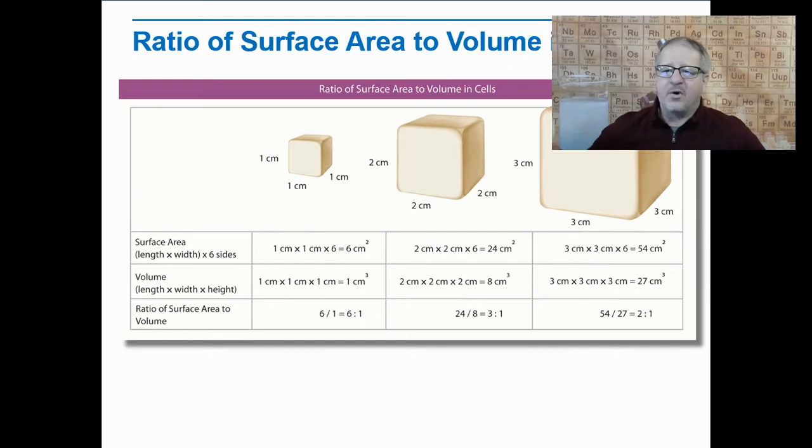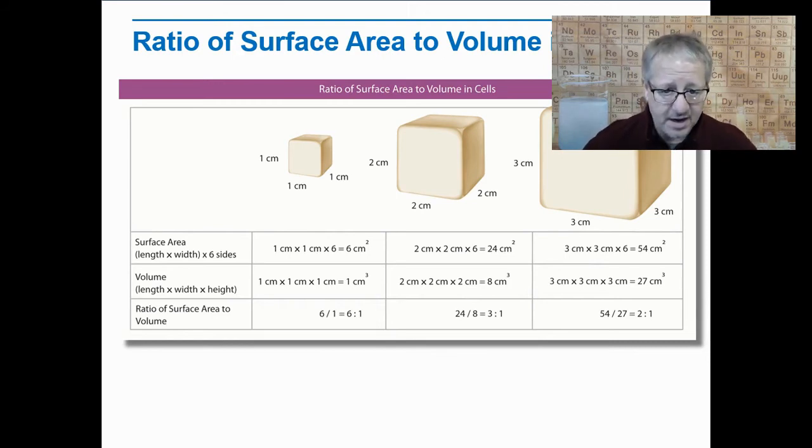Now, here we have a table, and it should confirm for you, by looking at the actual ratios, what we were talking about just moments ago. So where is the ratio of the surface area to volume the greatest? We have a 6-to-1 ratio in the 1 by 1 centimeter cube.